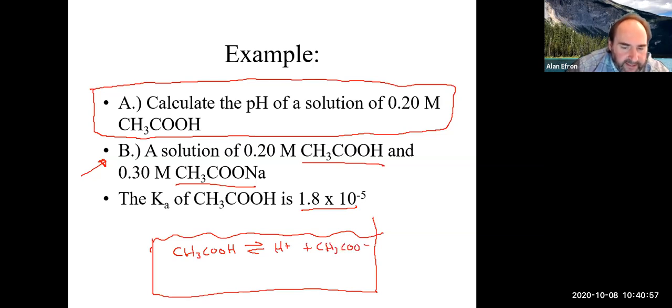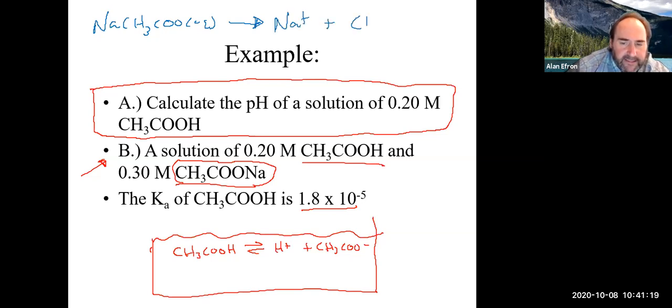When we dump the sodium acetate in there, as I drew earlier, it is really going to break apart 100% because it is a strong electrolyte, basically. So it will one-way street 100% break apart into sodium ions and acetate ions.